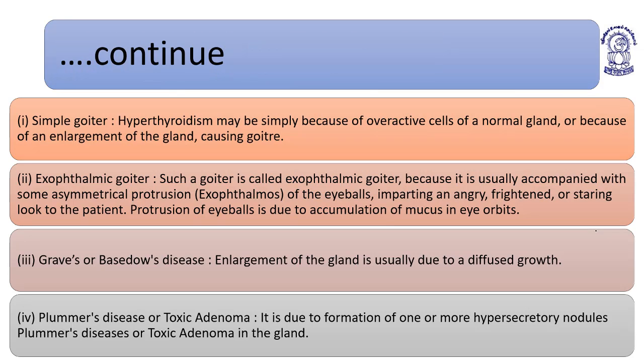Now, because of hypersecretion, simple goiter, hyperthyroidism may be simply because of overactivity of cells of a normal gland or because of enlargement of the thyroid causing goiter. So there are two types of goiter.